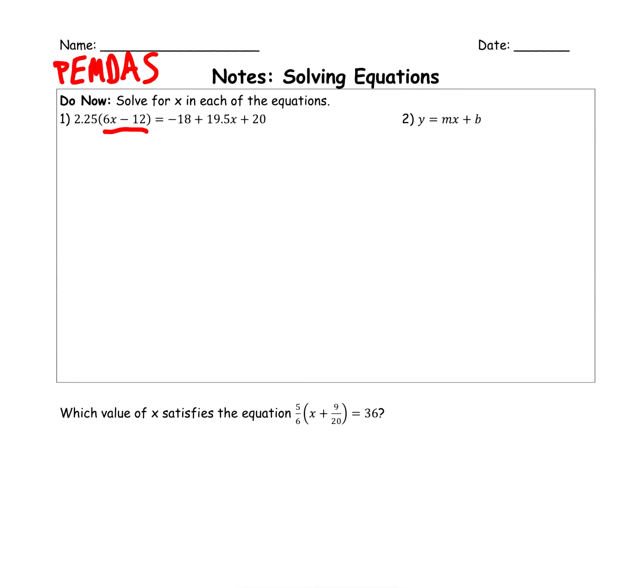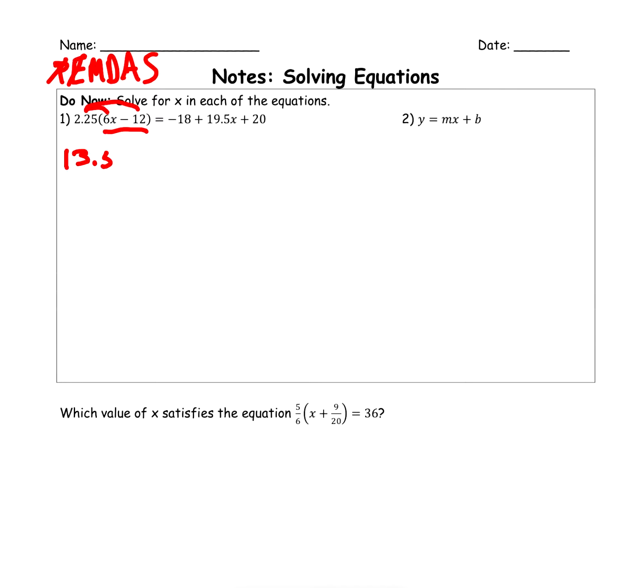E stands for exponents. There are no exponents. M, multiplication. We do have multiplication here. We have the distributive property, so we're going to multiply 2.25 in with the 6x and the 12. So we're going to do 2.25 times 6. Put that in your calculator.